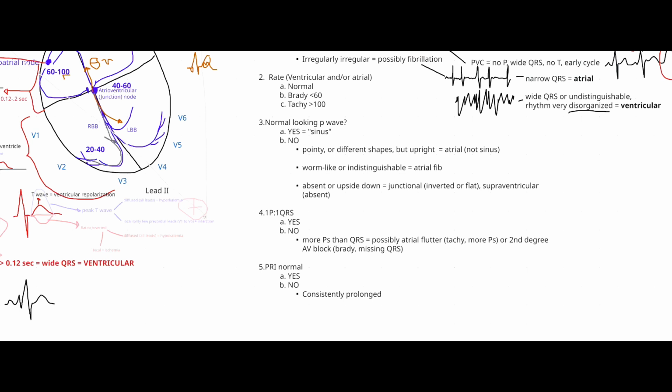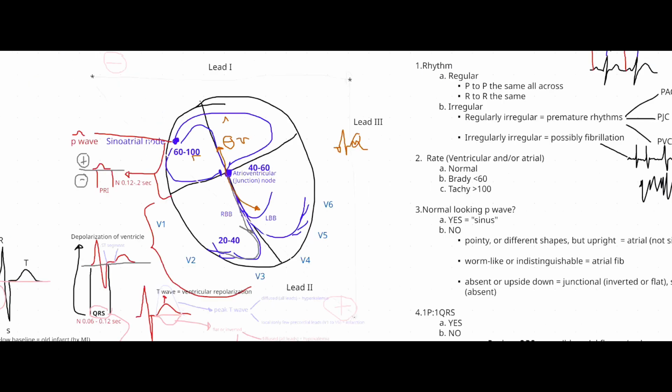So an SVT is a fast rate with no P wave and normal narrow QRSs. What we're saying is that conduction is coming from up here. We can't call it atrial because there's no P. We can't call it ventricular because the QRS is narrow, but it's coming from above the ventricle for sure because the QRS is narrow and it's fast, greater than 100. So then that's an SVT. Did I confuse you?